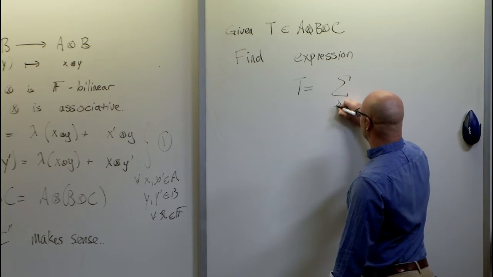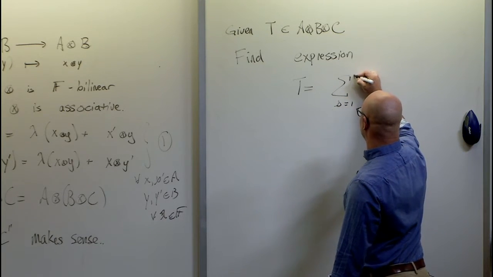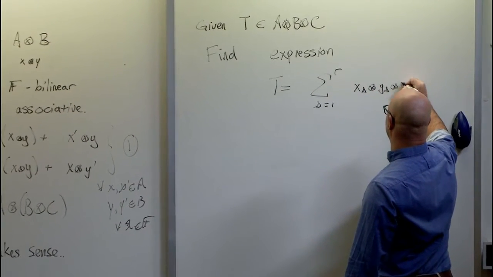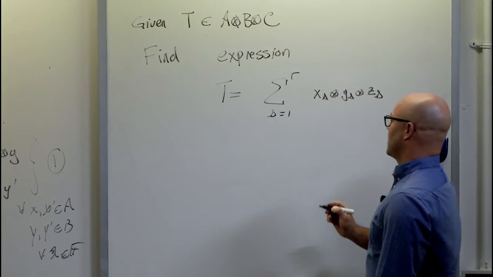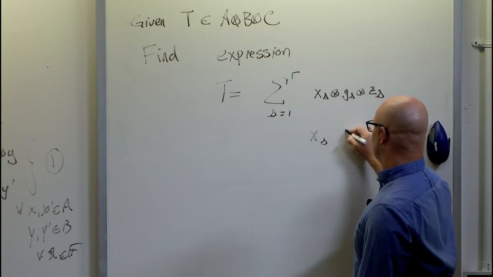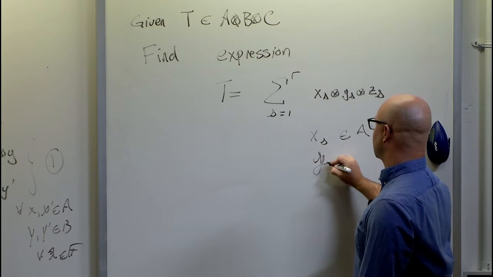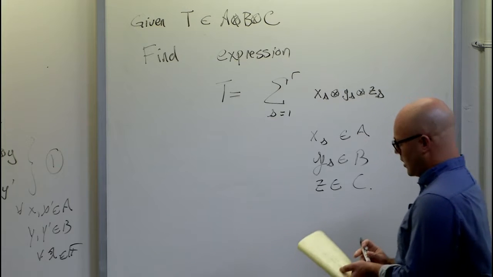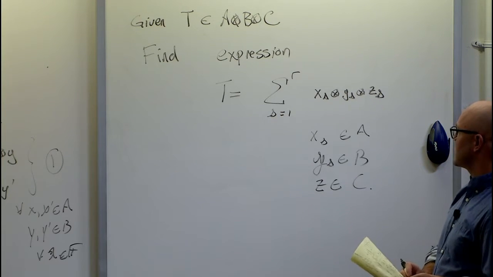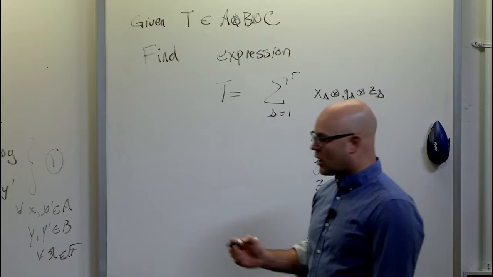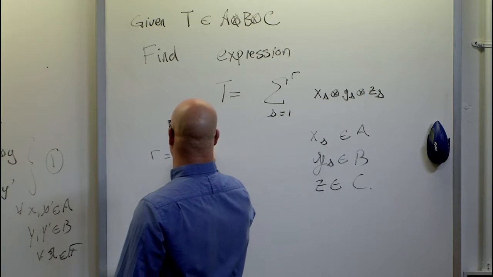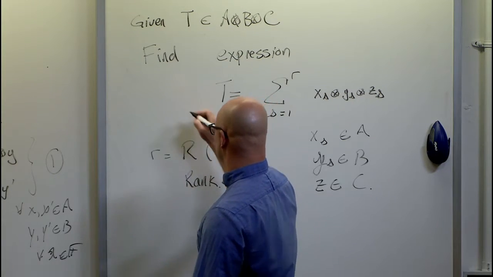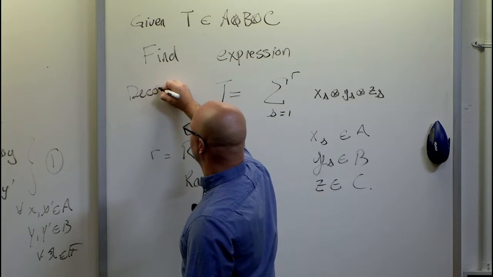So this is going to be a linear combination of the sum over S equals 1 to R of X sub S tensor Y sub S tensor Z sub S, where the X's are in A, the Y's are in B, and the Z's are in C. Okay, so find an expression. This means find the minimal R. R is called the rank. And then this expression is called a decomposition.